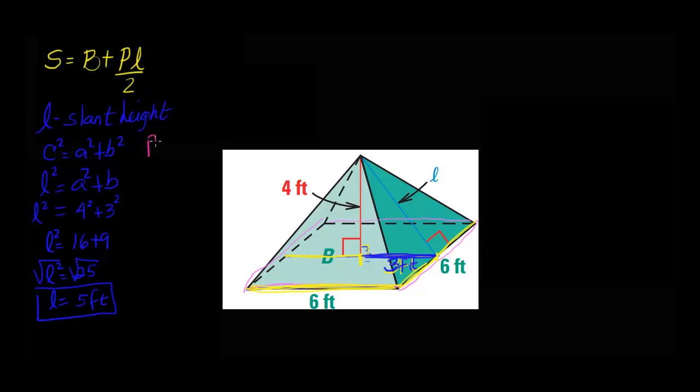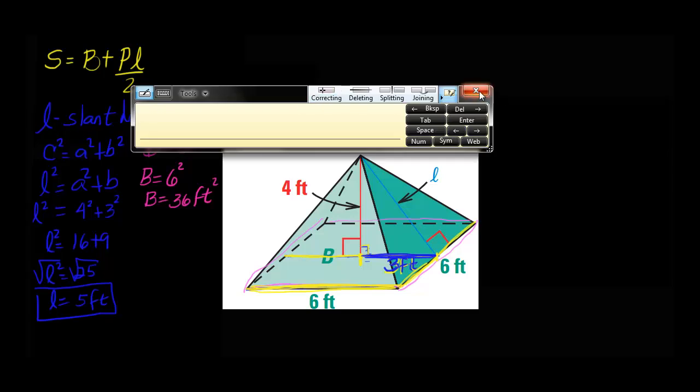So let's go for B. We said B is S squared because the base is a square, and the formula to find the area of the square is S squared. So B is going to equal 6 squared. B is equal to 36 square feet. Now, let's look for perimeter.